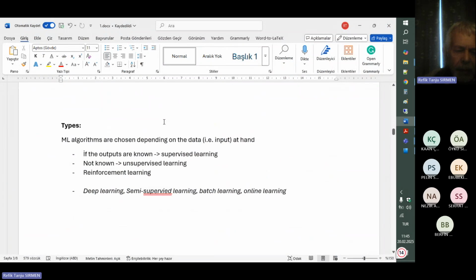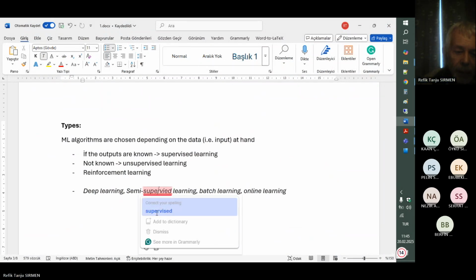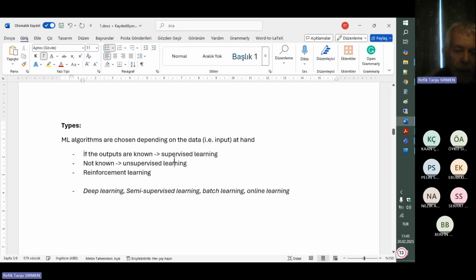At least for today, there are three types of machine learning methods. One is supervised learning. What is it? If the outputs are known in advance, then we apply supervised learning.